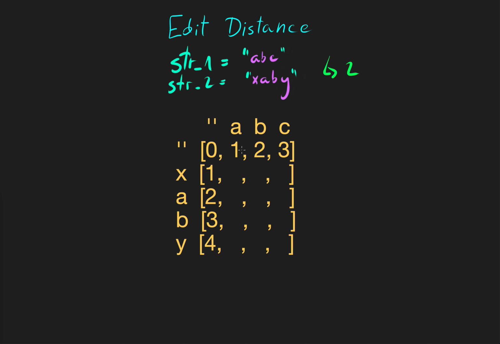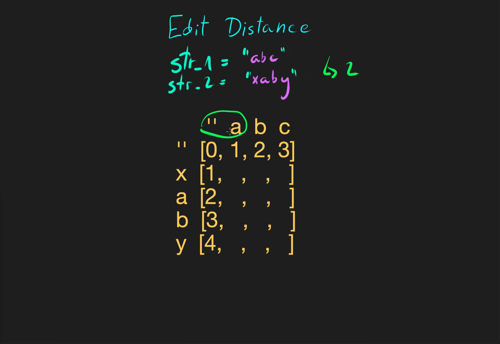Before we solve this, when we construct the DP array, we first create the first row and the first column automatically, for every example, because we need to account for an empty string. To get from an empty string to an empty string, the number of edits is 0.